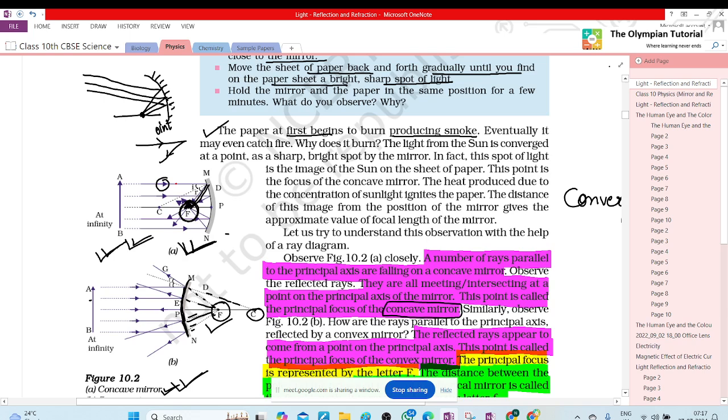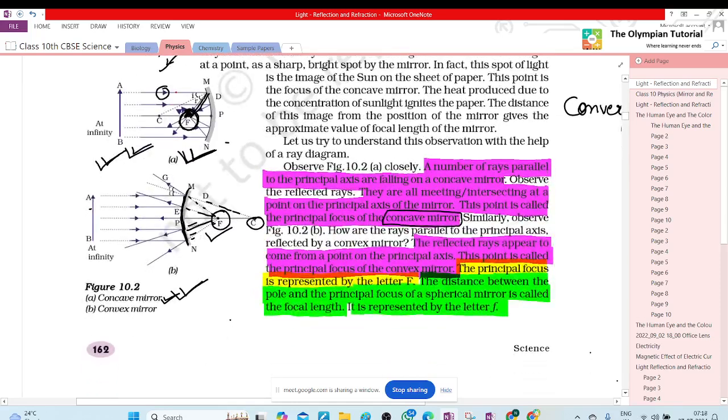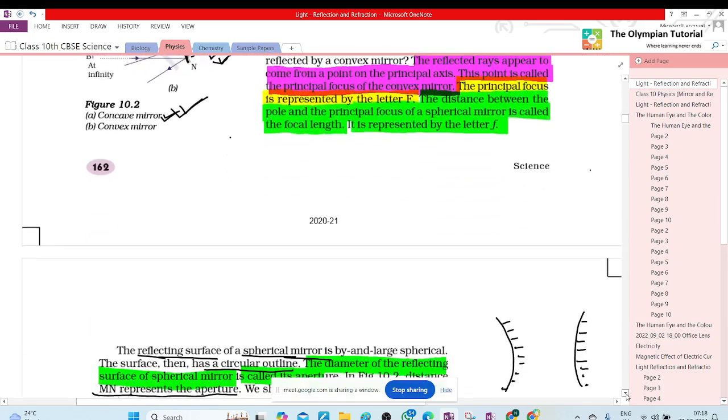And in case of a convex mirror, parallel rays are coming and diverge after striking the reflecting surface of the mirror, and appear to meet behind the mirror at focus. So this is for the convex mirror.